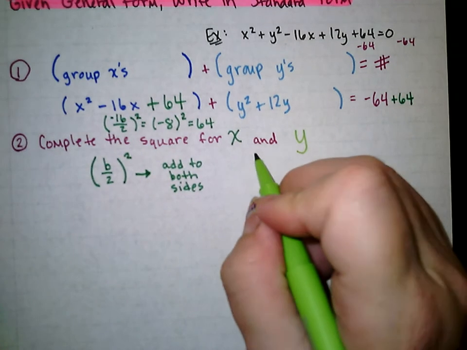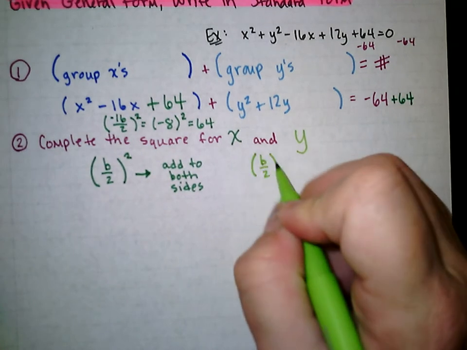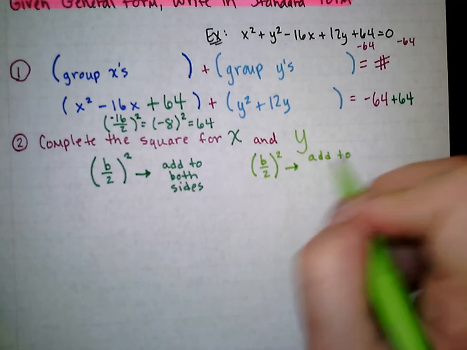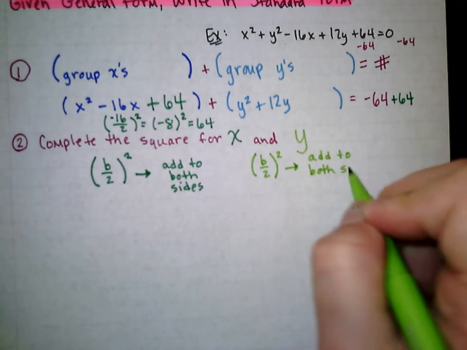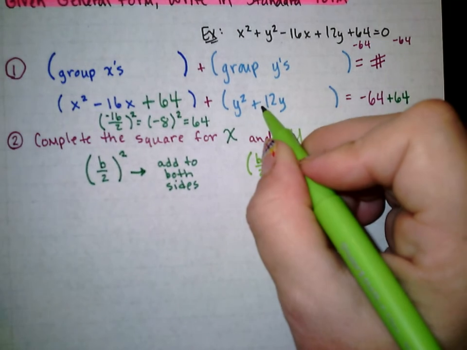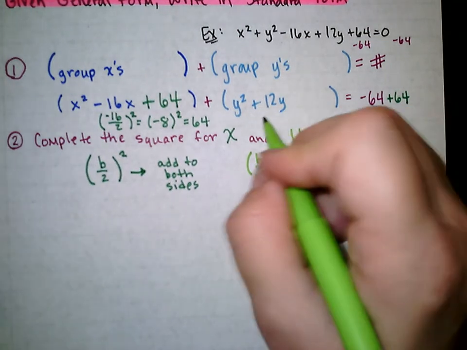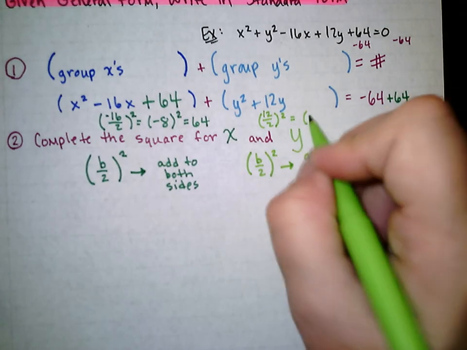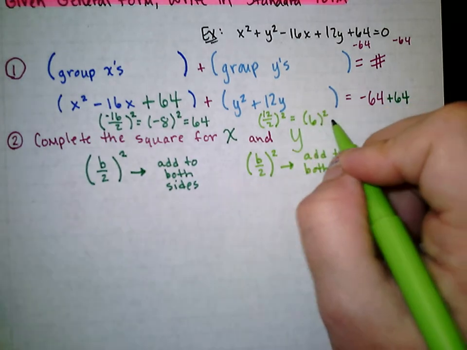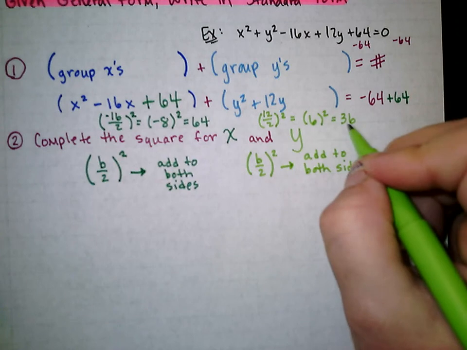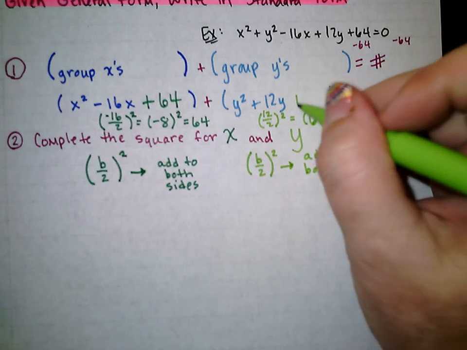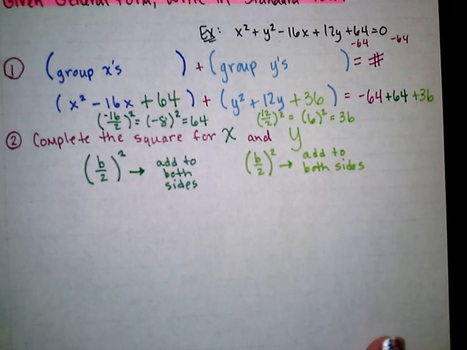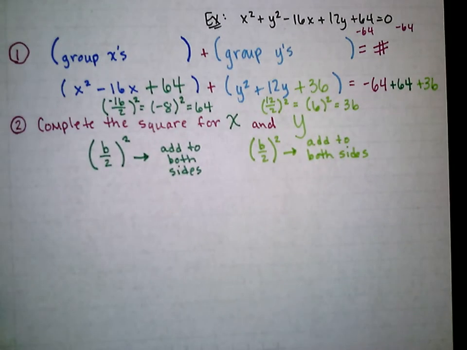So I'm going to take b divided by 2, I'm going to square it, I'm going to add that to both sides. So here, b is 12. So I'm doing 12 divided by 2, which is 6 squared. That gives me 36. 36 is what I'm adding to both sides. Plus 36, plus 36. Okay, next step.